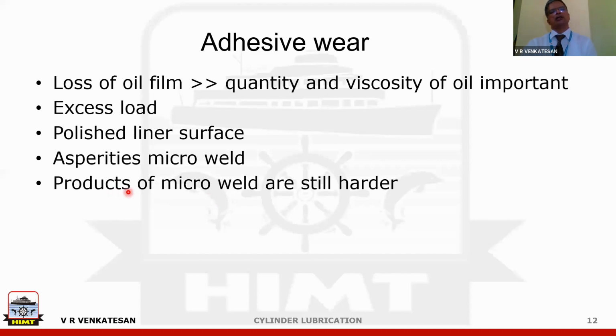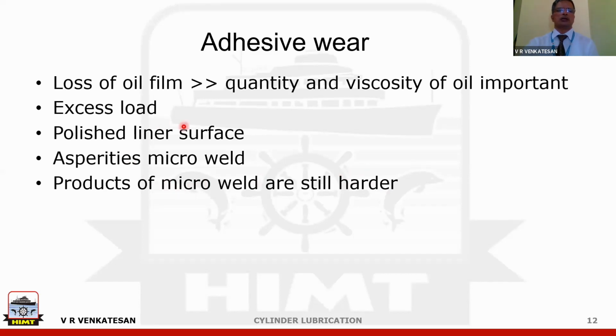And since at the contact where the two parts are coming together, the force is very high, temperature also will be very high. Then what happens is the products of this micro seizure become even harder. So piston ring is itself a hard material. Liner is a hard material.